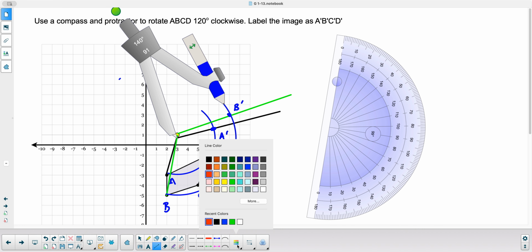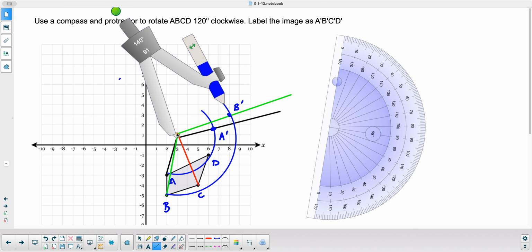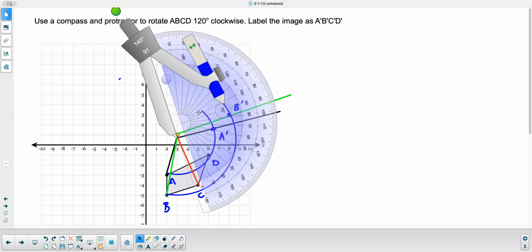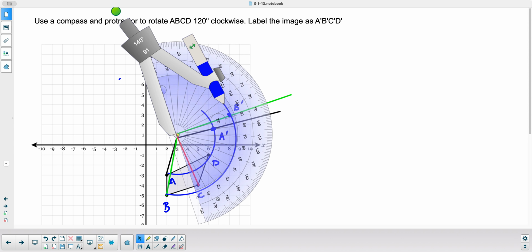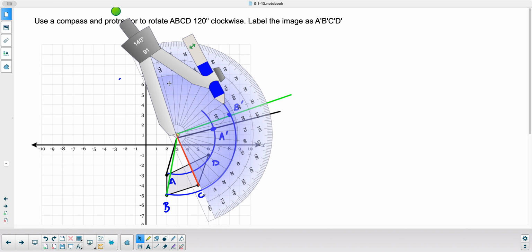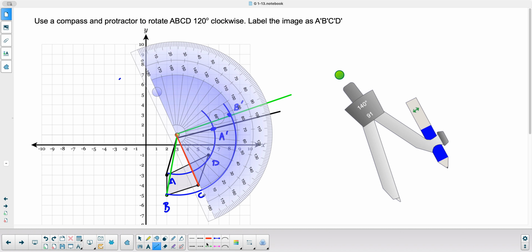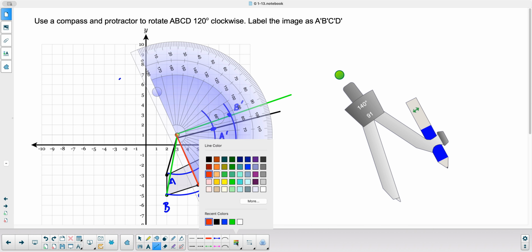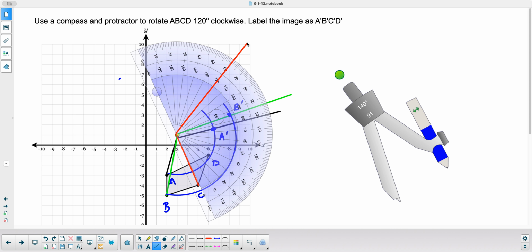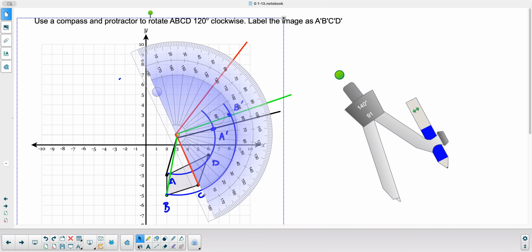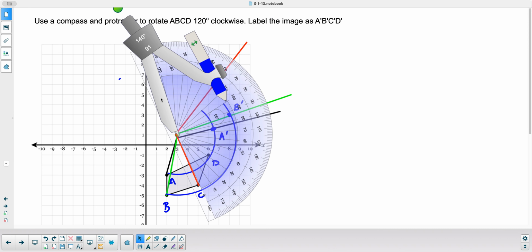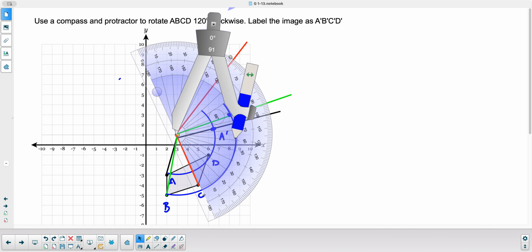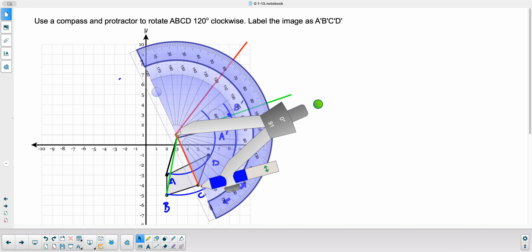All right, now I'm going to do the same thing with C, maybe use a different color here. Maybe go with red so it doesn't get too confusing. There's my 120. Swing that right there, maybe close it just a little bit.